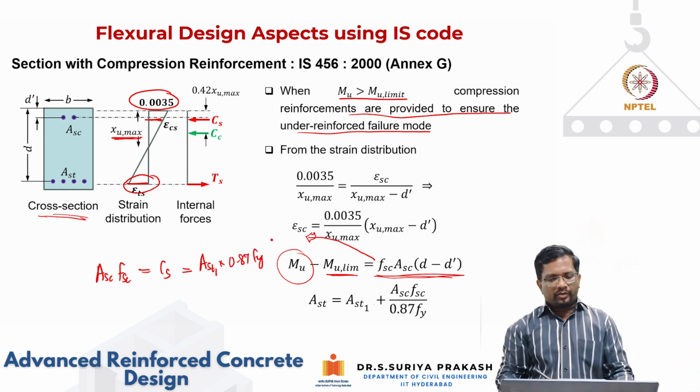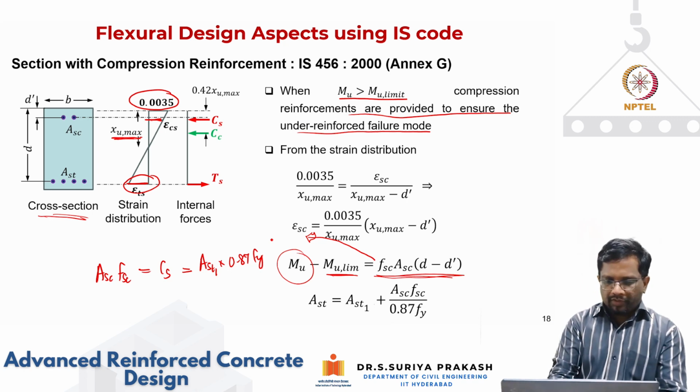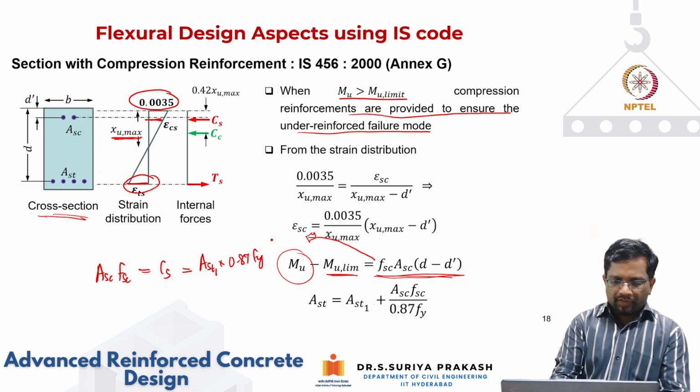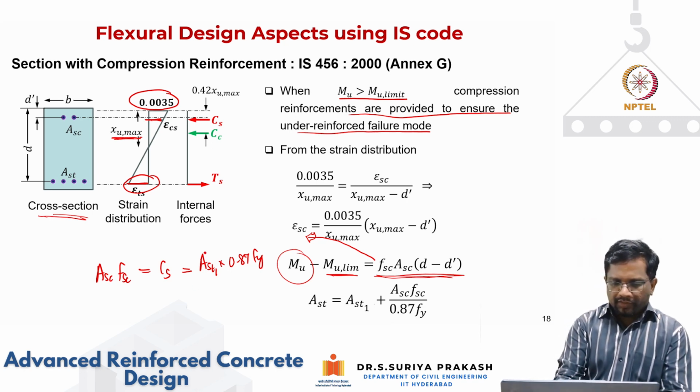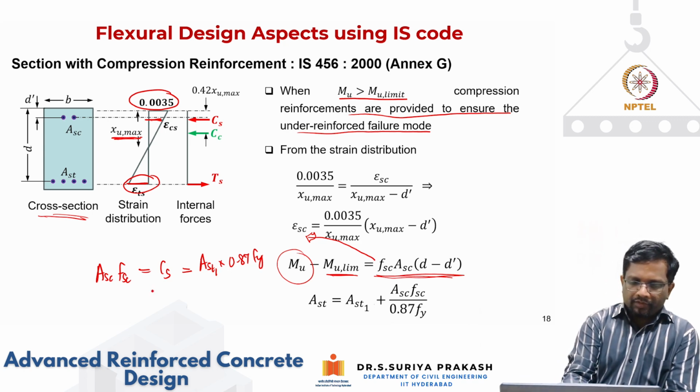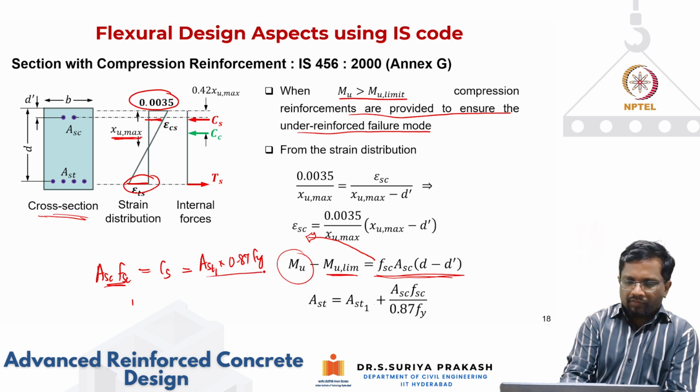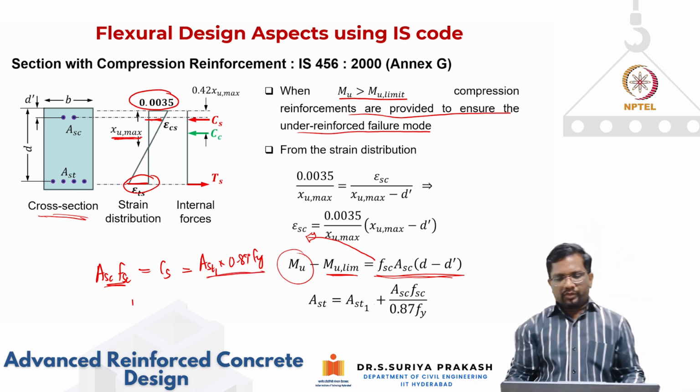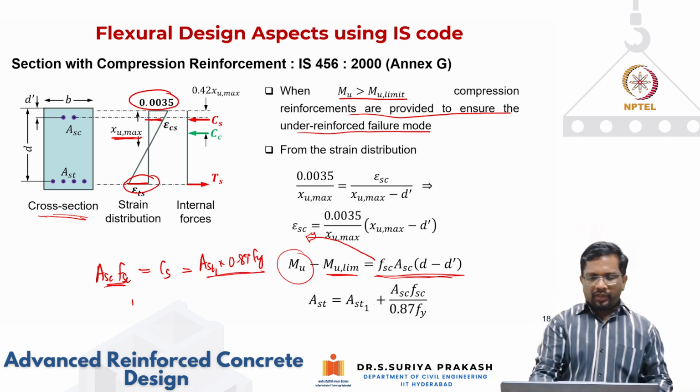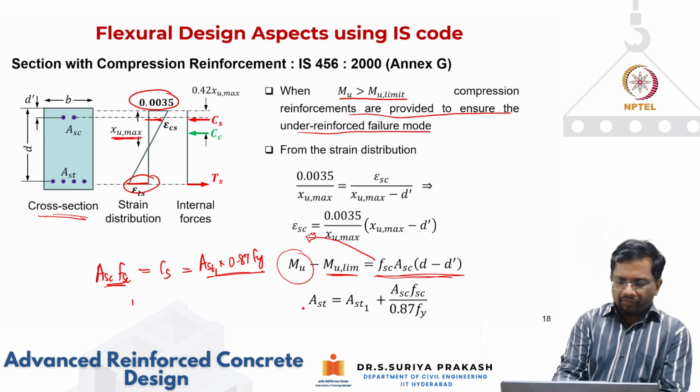Or in other words, what would be your additional tension steel? Ast limit, the total steel. Now this is your additional steel that I am going to put. So if you substitute that, what would that be? This will be your force contribution, right?